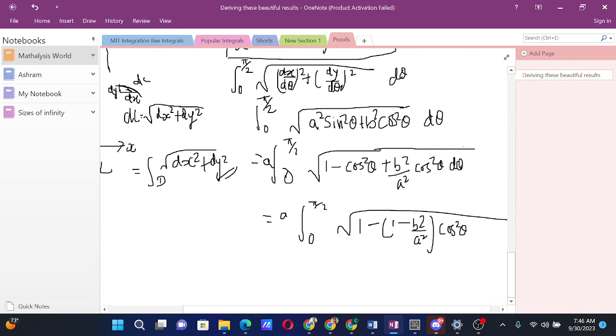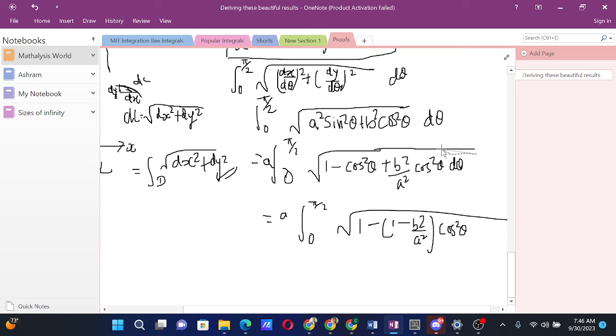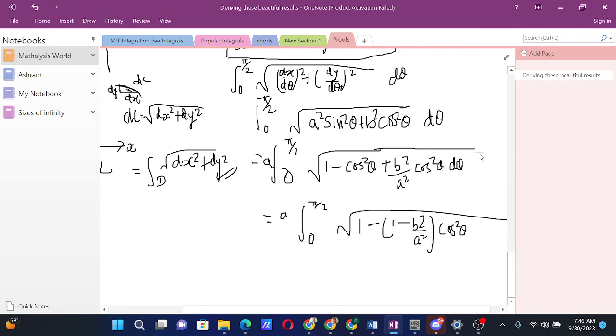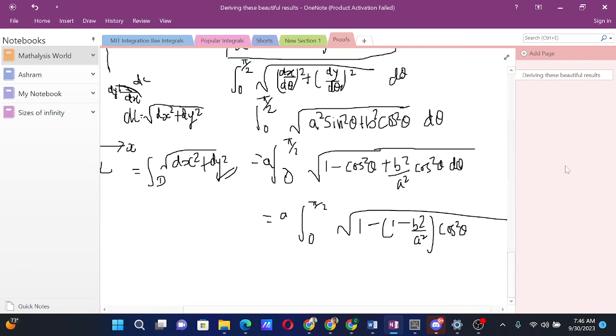D theta is not inside the root, eh? Just some typo things. I'm so sorry for that. I should better erase it, I guess. Okay, and then d theta.